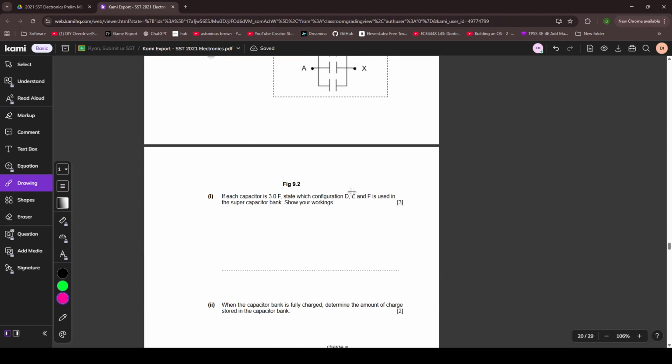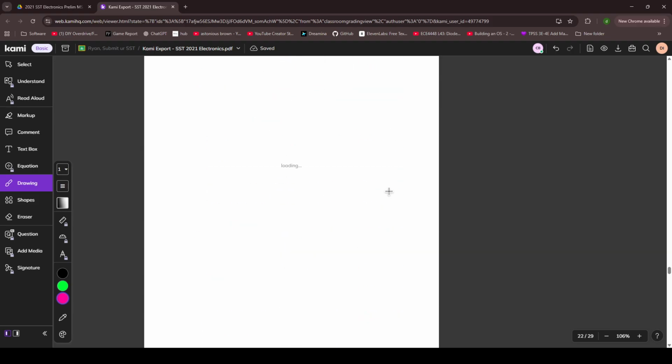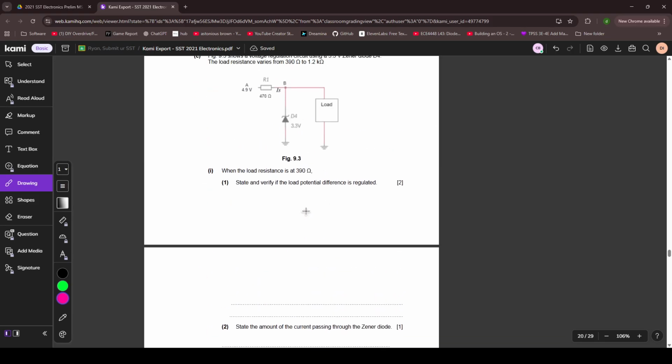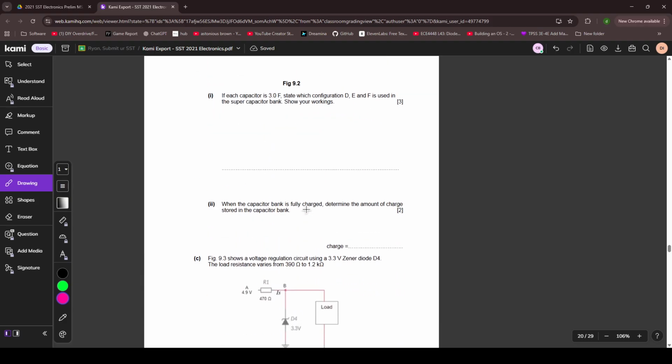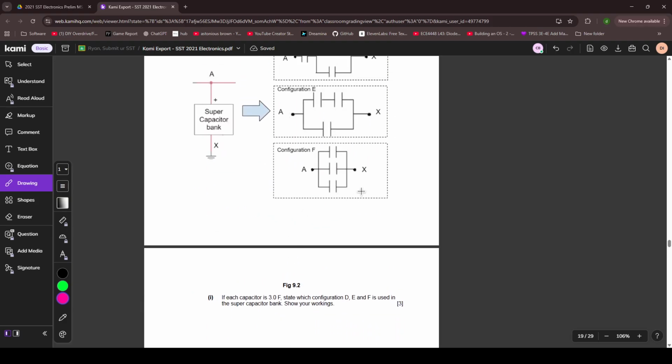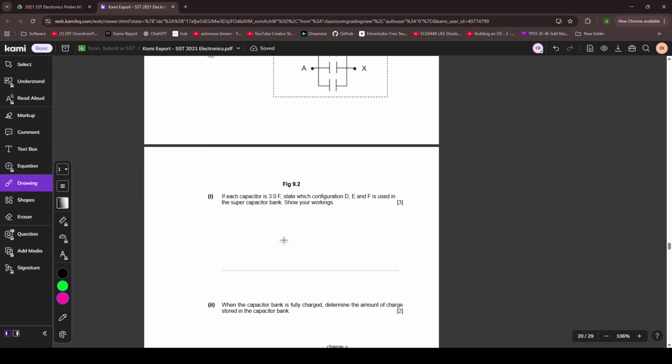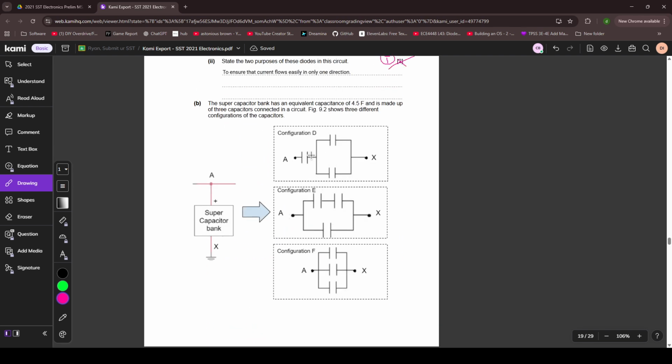If each capacitor is 3 farads, state which is used in the supercapacitor bank, show your workings. So what I would do is just get the effective capacitance of each capacitor bank.